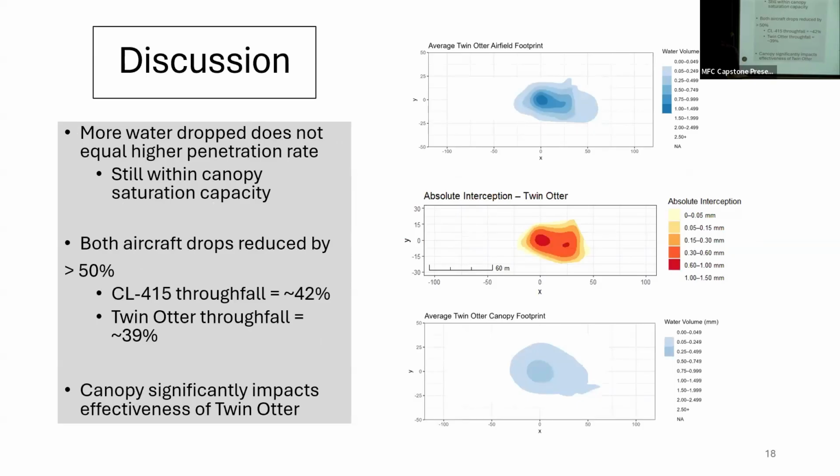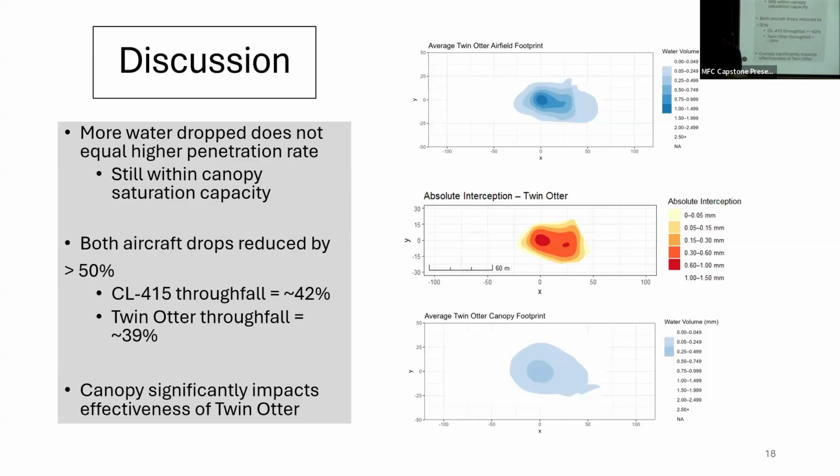Overall, the analysis shows that stand structure did not exert a strong direct effect on the relative or absolute amounts of throughfall. However, a consistent pattern does emerge in the absolute water volumes. Areas receiving higher gross precipitation, particularly the drop centers, also exhibited the highest absolute canopy interception. This reflects a simple but meaningful relationship with this data. The more water that was delivered, the more water that was stored in the canopy.